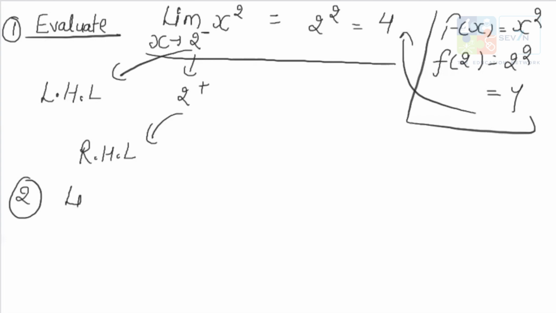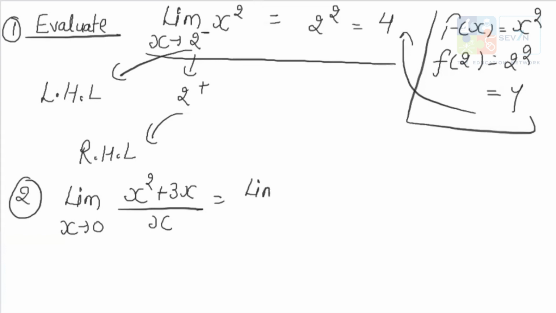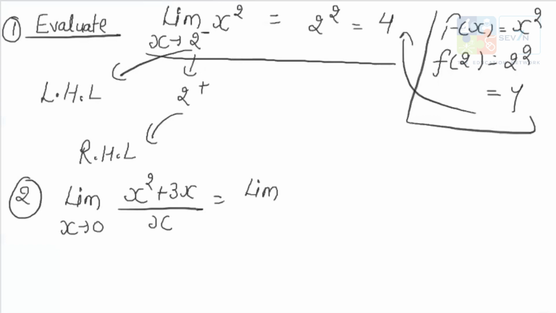Okay. So limit as x tends to 0 of (x square plus 3x) divided by x. We need to find the limit of this function. So the limit of x tending to 0. See, what is your aim in this question? x will be 0.